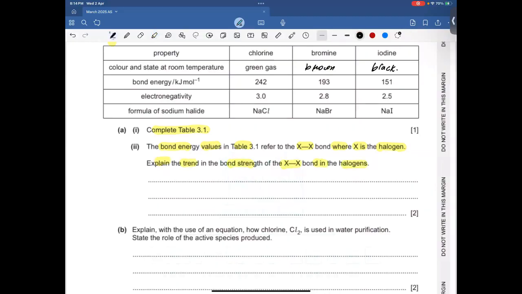That's very easy. Down the group, the atomic size of halogens increases.